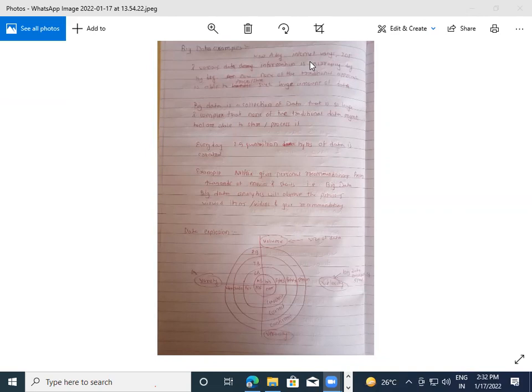So now we will see the data explosion in the case of big data. This diagram itself is self-explanatory. Whenever we are dealing with big data, we have to keep in mind the four V's. The first one is volume, another is velocity, the next one is veracity, and the next one is variety.